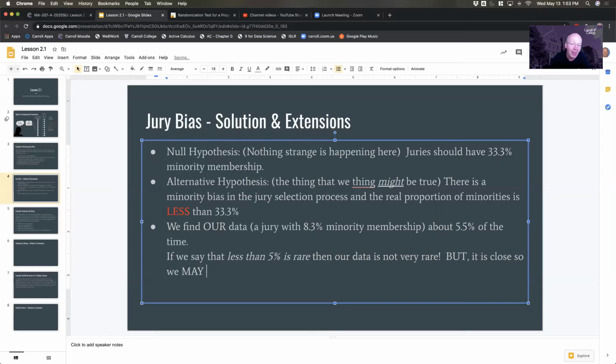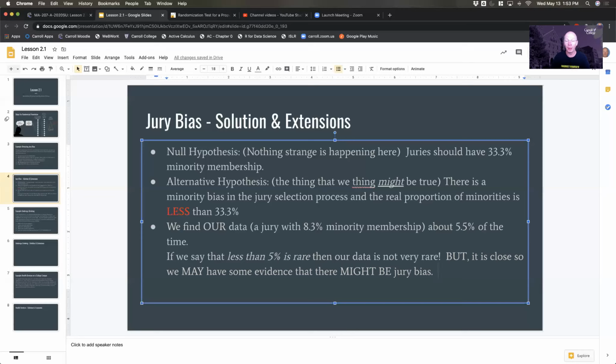So we may have some evidence that there might be jury bias. Notice all the wishy-washy words that I'm using here. We may have some evidence that there might be jury bias. I'm not using very definitive words here because statistics is based on randomness and variability.